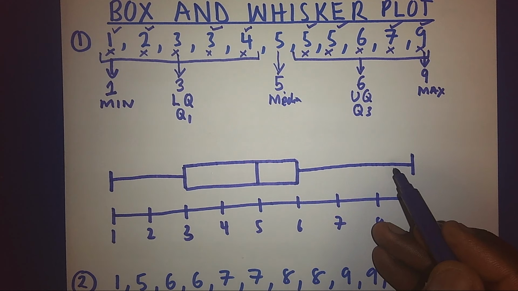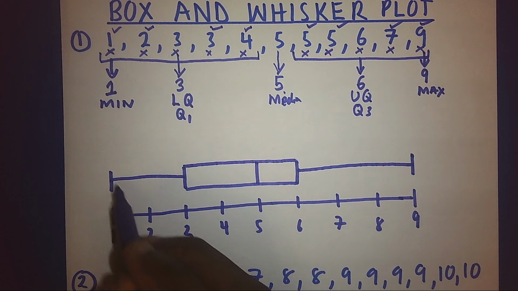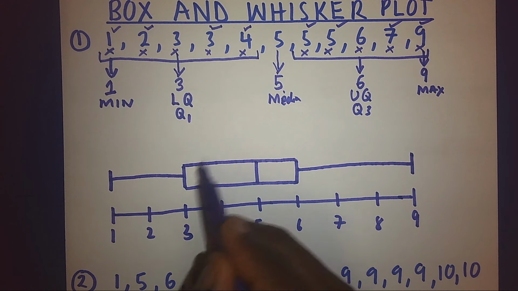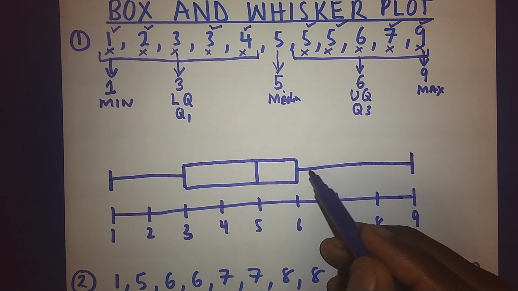This means the first quarter is here, the second quarter of the data, the third quarter of the data, and the fourth quarter of the data.